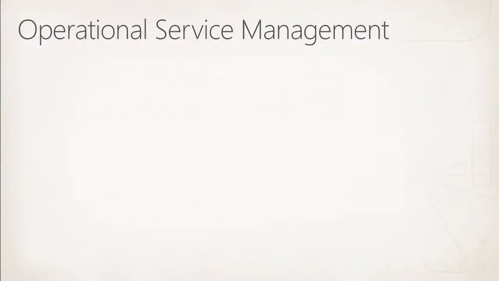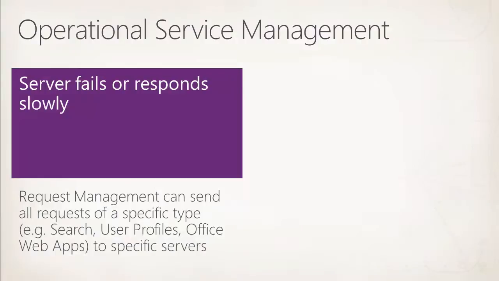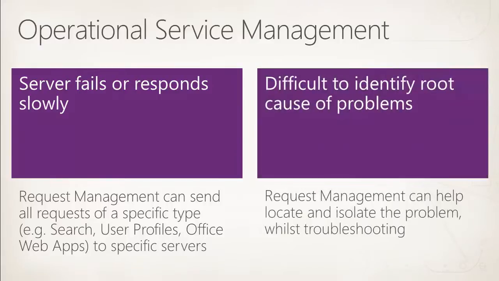Then the last scenario in terms of potential usage is around operational service management, or keeping a farm running well. So if we have a server failing or responding to requests slowly for whatever reason, we can use request management to temporarily send requests of certain types to different machines. And this allows us to more easily, as an IT pro running a farm, identify the root cause of problems. There's also kind of a side benefit to this.